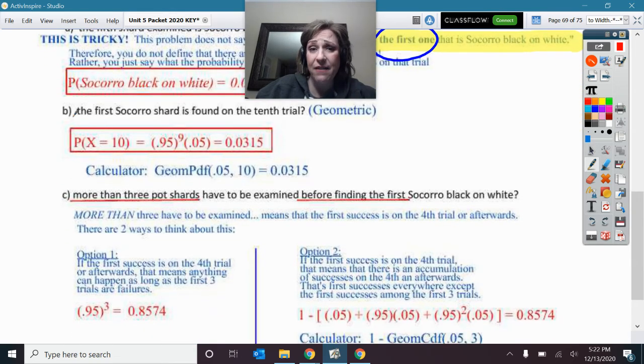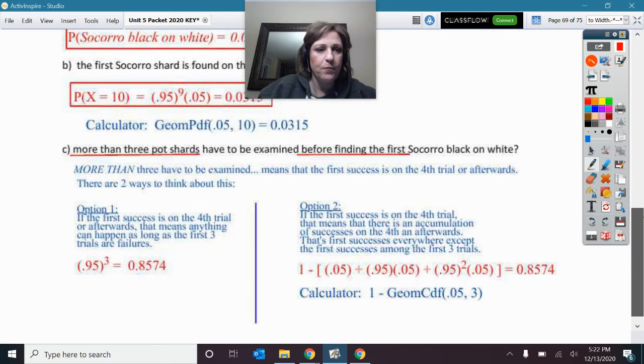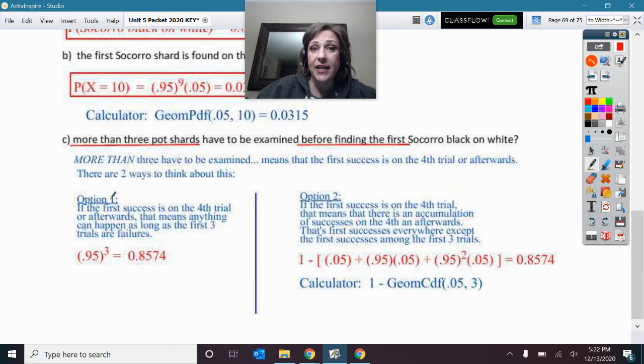All right, now we have one where we're defining the first one that you find is on the 10th trial. So then that's 9 failures, and then the 10th is a success. So that's our PDF of putting that 9th one there. Okay, now look here. More than 3 pot shards have been examined before finding the first Socorro black on white. So that's interesting.